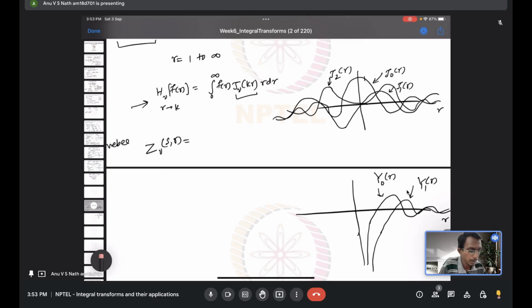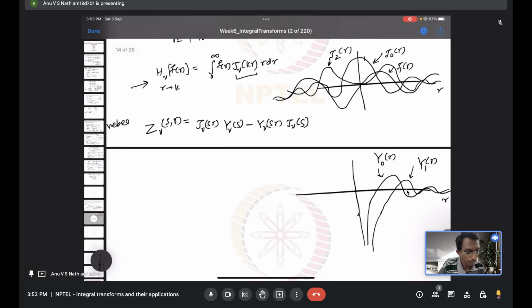So basically z nu of s comma r is actually a combination: j nu SR times y nu S minus y nu SR times j nu S. So using this we can define the new transform, which is the Weber transform.